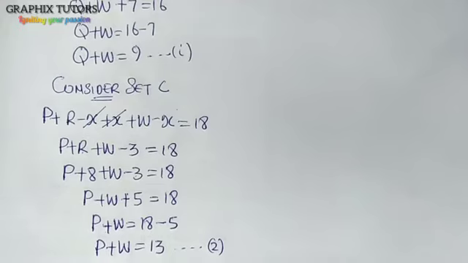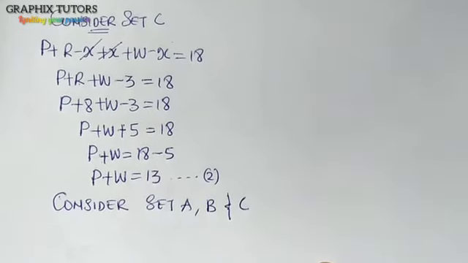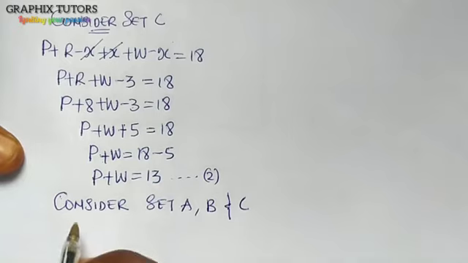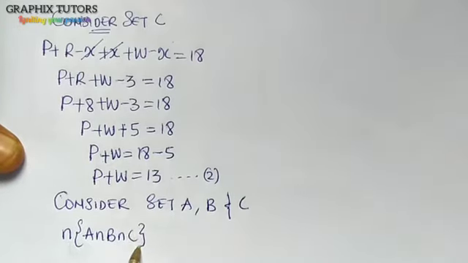Consider sets A, B, and C. From this point we are going to say that the universal set, that means the number of the set of A intersection B intersection C, will be equal to what?